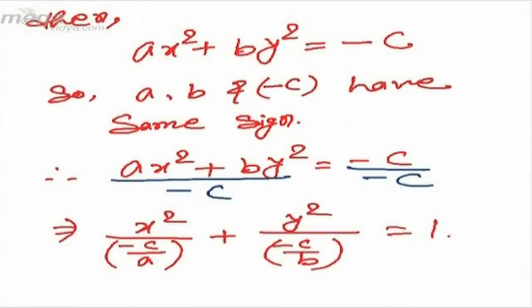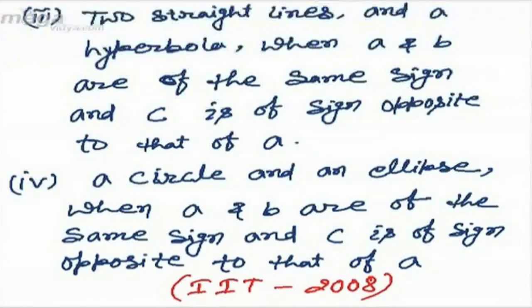You know that this equation always represents an ellipse because it is written in the form of x square upon a square plus y square upon b square is equal to 1. So it always represents an ellipse. It means this equation with these given conditions can't represent a hyperbola. It means the third option is also wrong.